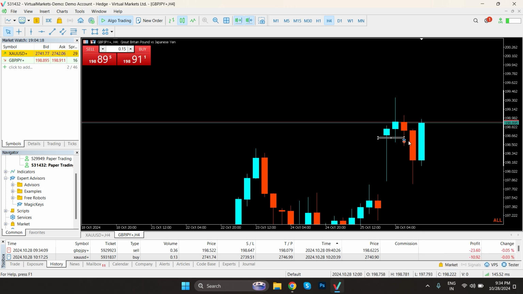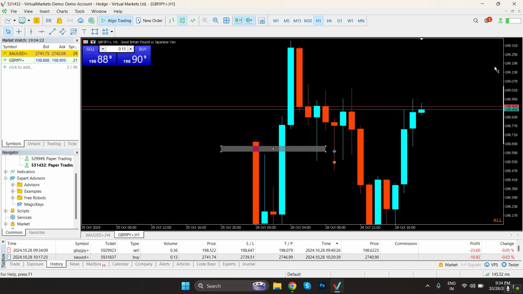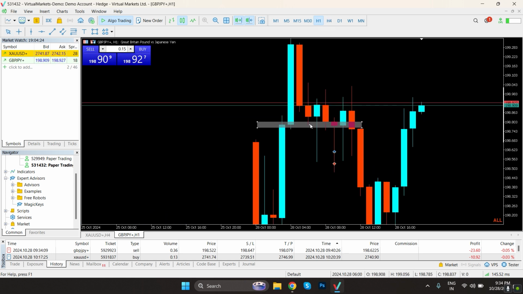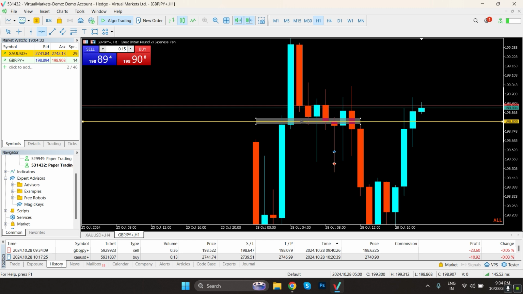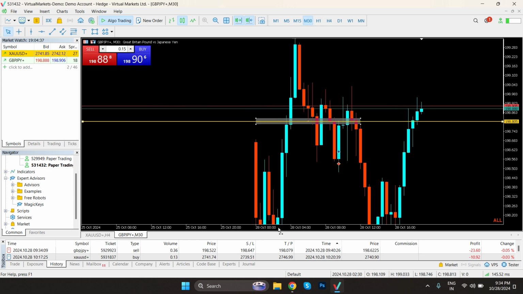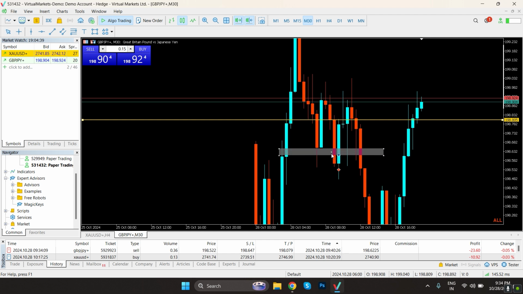One second, yeah, somewhere over here. Let's just jump to the 1 hour time frame. On the 1 hour time frame, we had a support form. On the 30-minute time frame, we have some sort of a market structure.